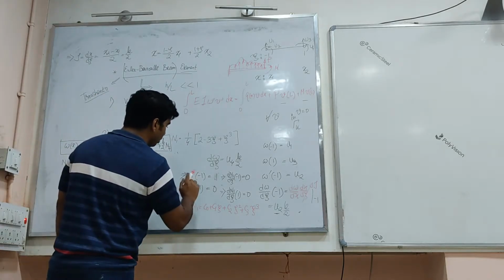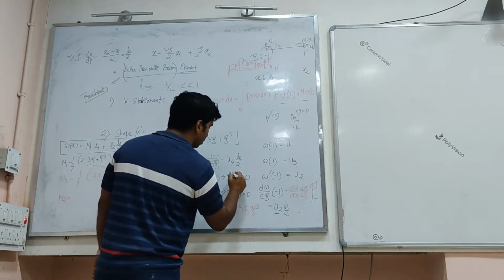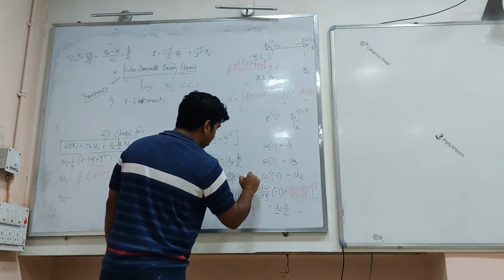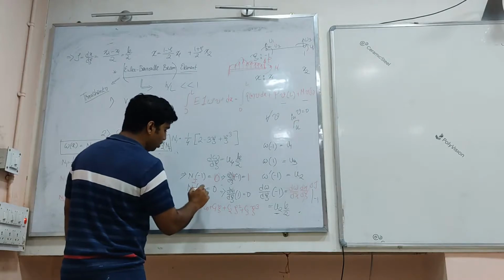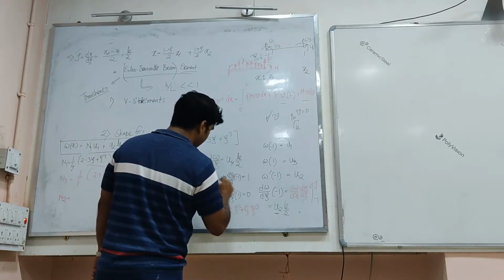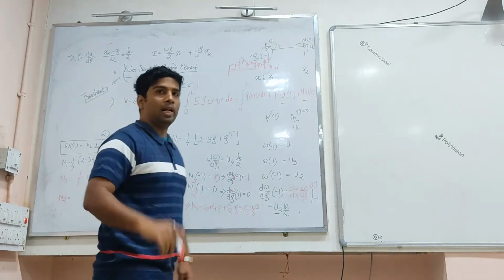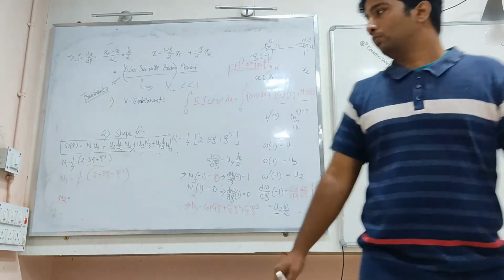Now, the boundary conditions on n2. So n2 at minus 1 is 0. n2 derivative at minus 1 should be 1. n2 value at 1 should be 0. And n2 derivative at 1 should also be 0. So do that and get the expression for n2.